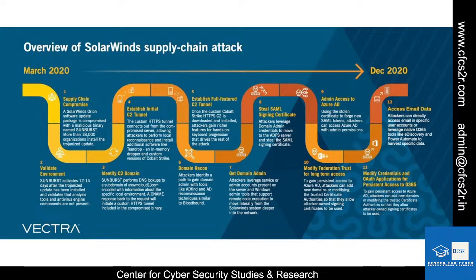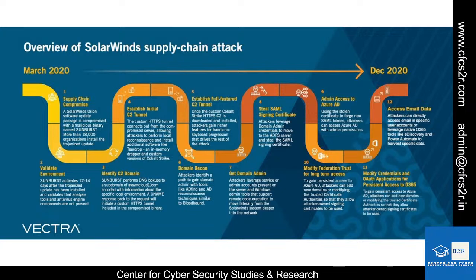Then they did a lot of domain reconnaissance so that they can learn about the Active Directory functionality, and they gained domain controller access. Then they got domain admin access, and then they stole the SAML signing certificates. SAML signing certificates are used for authentication at different levels of the software.